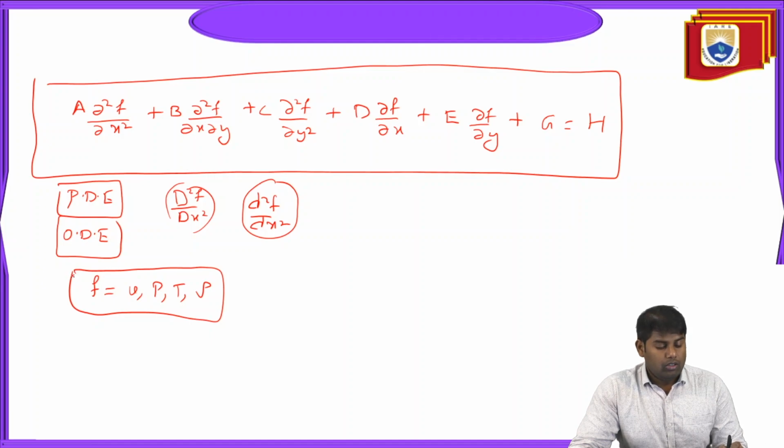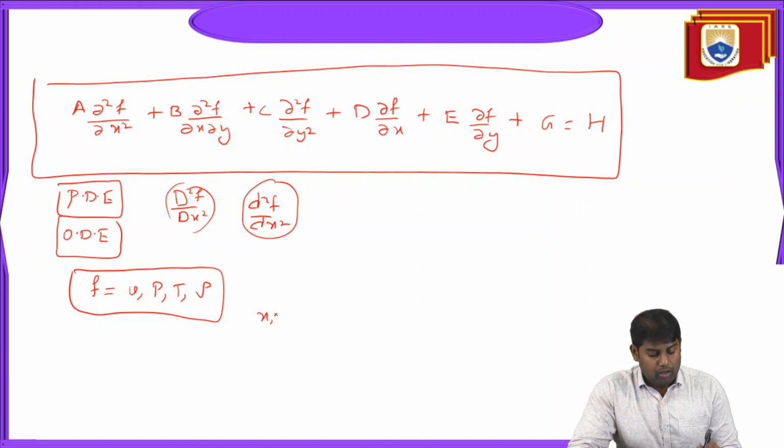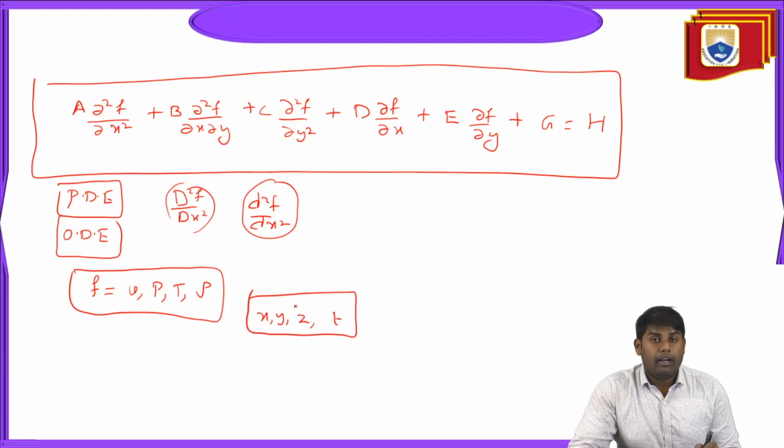If f depends on more than one independent parameter, such as x, y, z and time, these are called independent coordinates. x will not depend on y, y will not depend on z, and this will not depend on time. They are independent of each other.